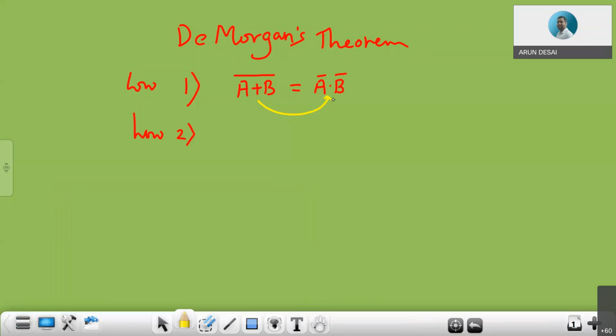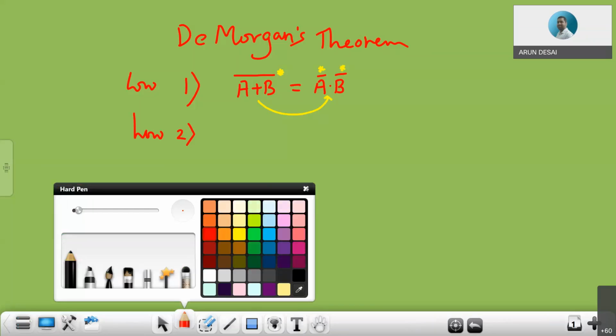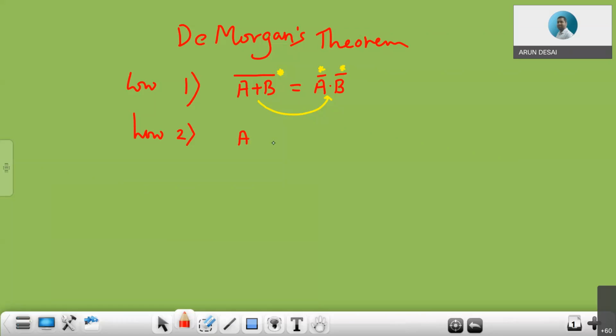That means this complement or overbar is split into two parts and the or gate is changed into an and gate, right? So try to solve this using a truth table. Just find out the values for the truth table.